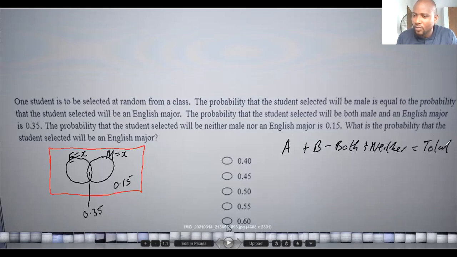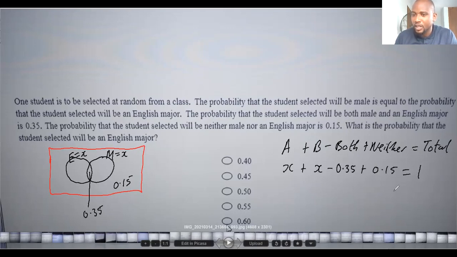Using our knowledge from probability, the total probability of any event is always 1. So the probability of English major, which stands for A here, would be X, plus male X as well, then both, which we know to be 0.35, plus neither, 0.15.